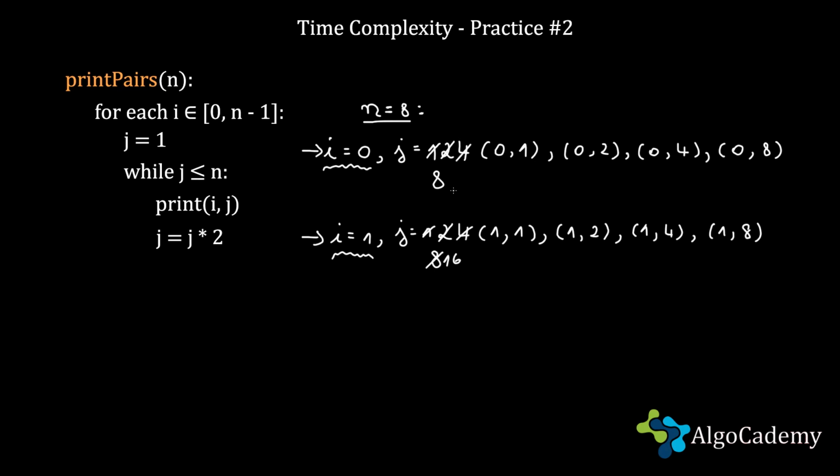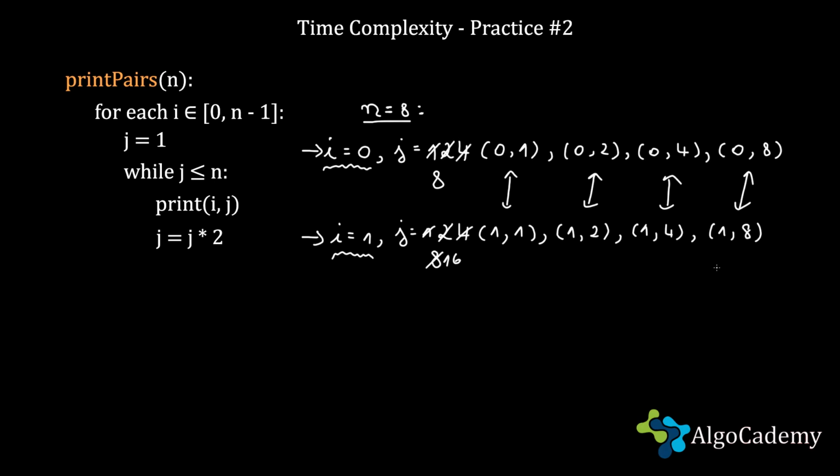It started with 1 and was always doubled until it hit a value greater than n. As you can see, for each of these pairs the value of j is equal to the one with i equals 0. i now went from 0 to 1, but j stays the same: 1, 1, 2, 2, 4, 4, 8, 8.